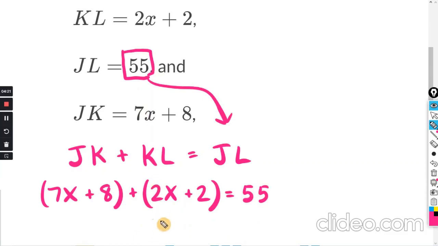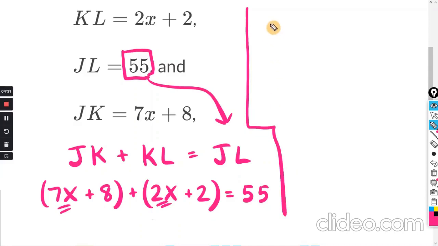Okay, and now you can combine like terms. I'll do it right here on the right-hand side. We have 7x plus 2x, that's going to be 9x. And we have 8 plus 2, that's going to be 10. And that equals 55. All right, solving for x, we want letters on one side and numbers on the other.